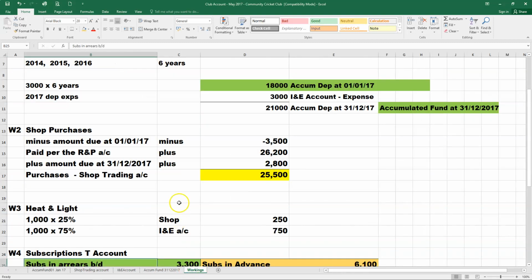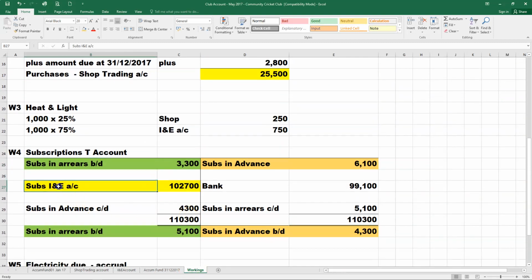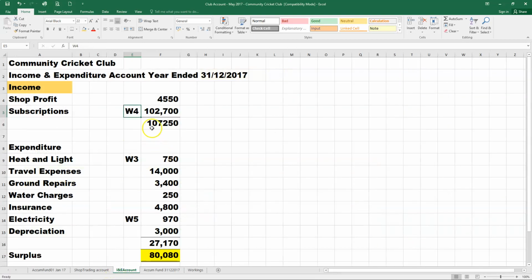Just to give a look at working 4 there. So my subscriptions here, so it's this figure here I'm using, €102,700. And we add both of those figures together, the 4,550 plus the 102,700 gives me €107,250.